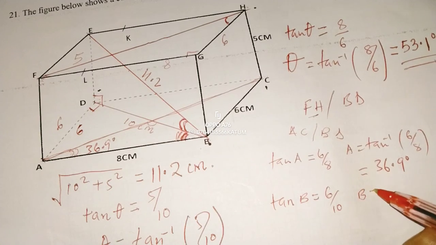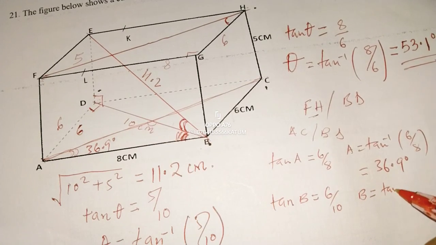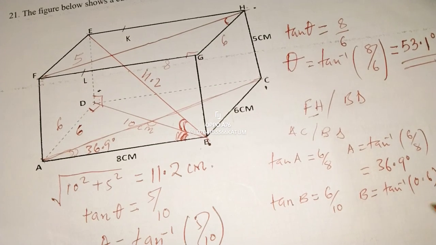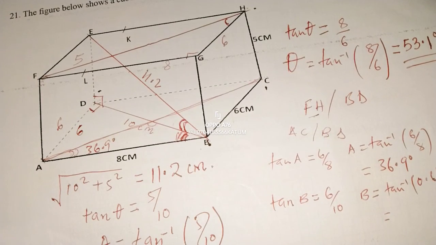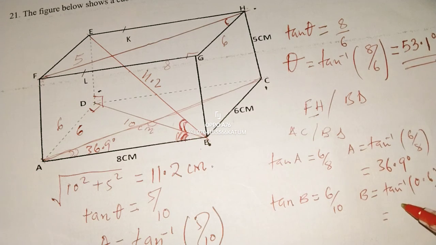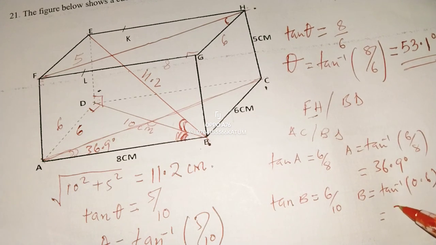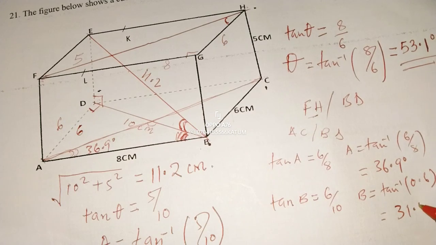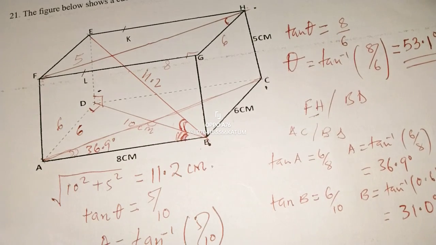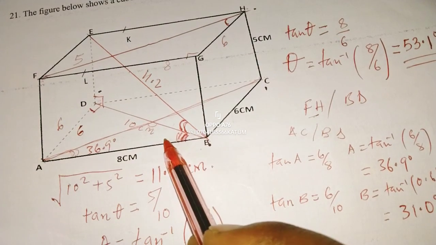Therefore, the angle at B is going to be the tan inverse of 6 over 10, which is 30.96. So to 1 decimal place, it would be 31.0.